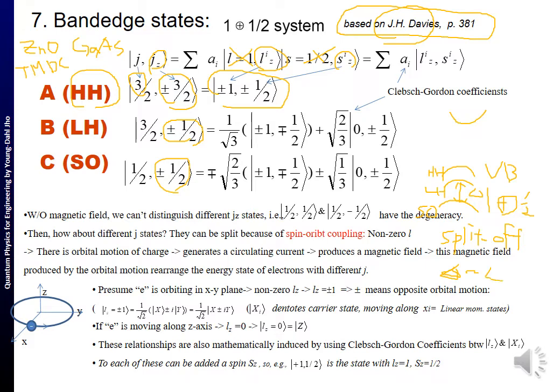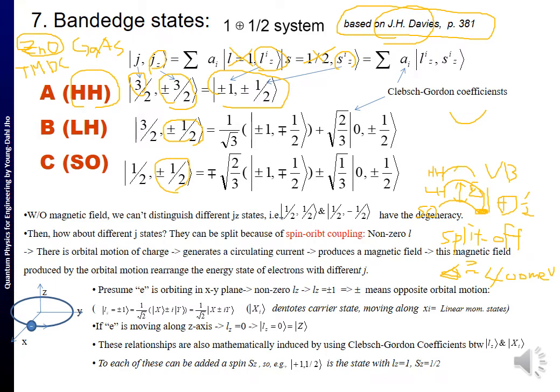Typically in the case of zinc oxide related material, it is larger than like 400 millivolts, so it is very large. What does it mean when this energy is very large? Hole will relax down to the lower state quickly.